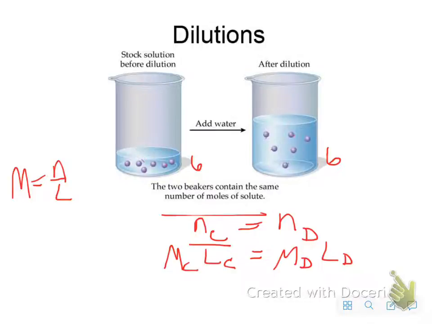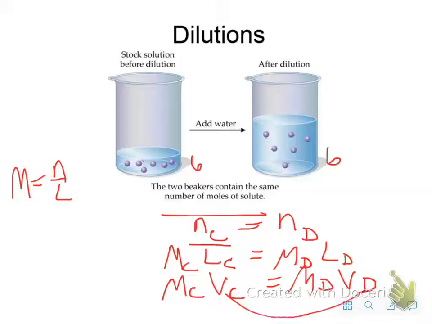Now, I can also make this a little more generic. Molarity of the concentrated times the volume in any units of the concentrated is equal to molarity of the dilute times the volume of the dilute, as long as these units are the same. They don't have to be liters. So why is that?